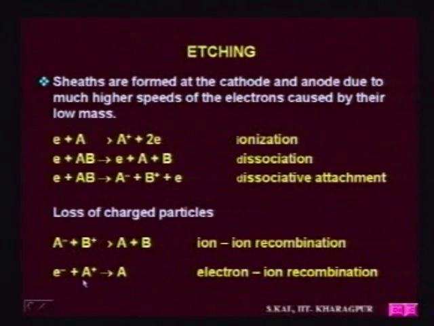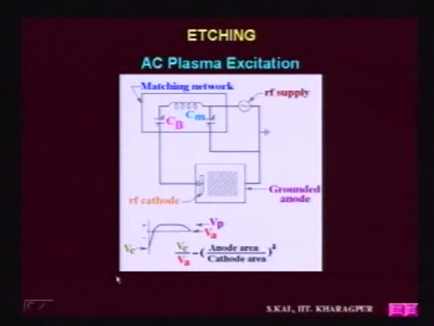Another reaction is known as electron-ion recombination, which is e minus plus A plus, which can give you a non-ionized molecule. So, that is the reaction in DC plasma.